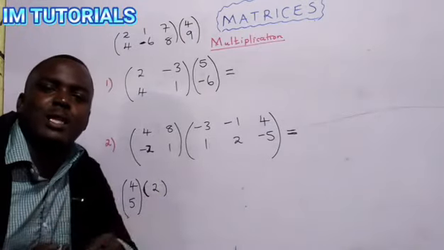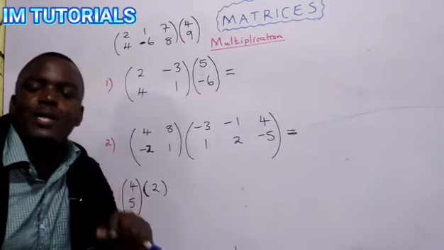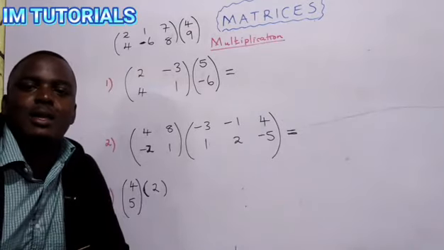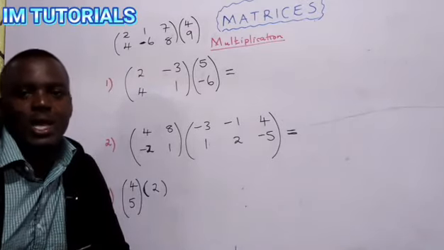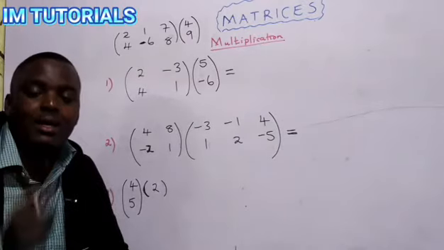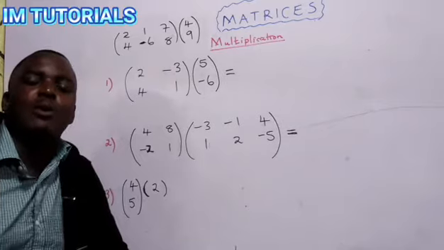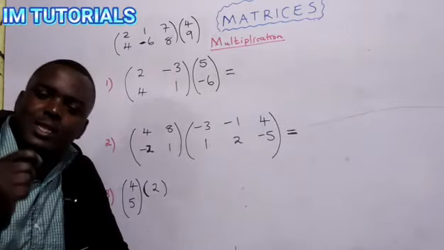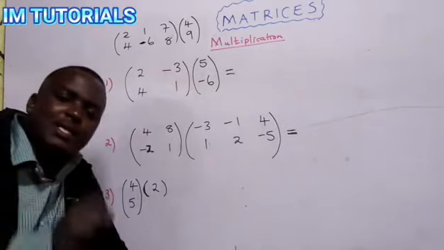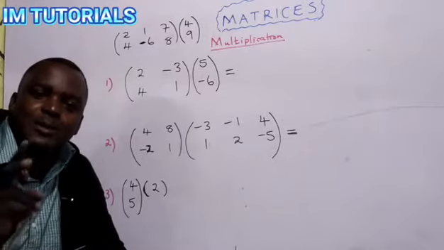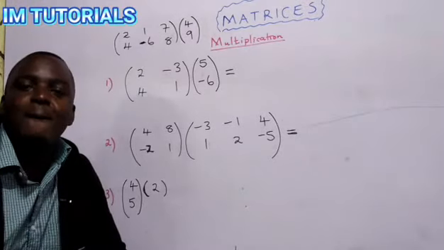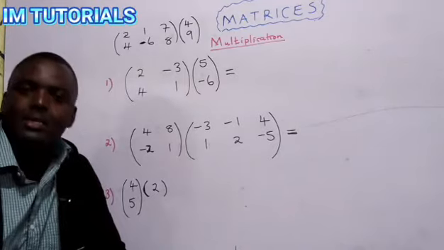But in multiplication, it is a possibility that matrices of different orders may multiply each other, provided they satisfy a certain condition. So we would like to start with the condition that makes it possible for different matrices to multiply each other. What is the condition?